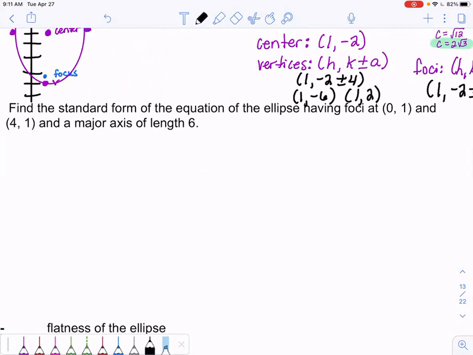So whatever variable changes gives you the direction of the ellipse. So x is changing, that means the graph is moving horizontally. So this is a horizontal graph. When it's horizontal, we need to have the bigger number under x.